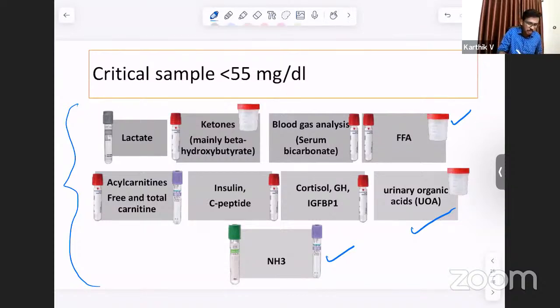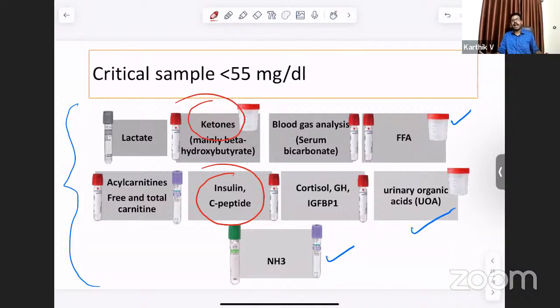But for your practical purpose, when you see an adult patient, what you focus on is insulin, C-peptide and the ketones. At least these things you should do: insulin, C-peptide, and serum ketones in that critical blood sample.